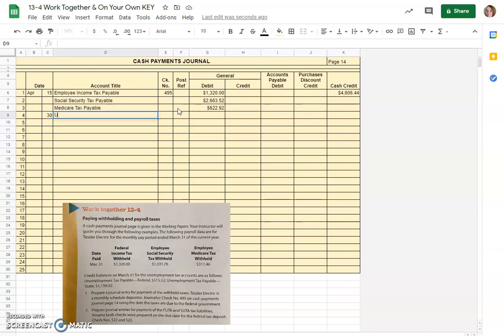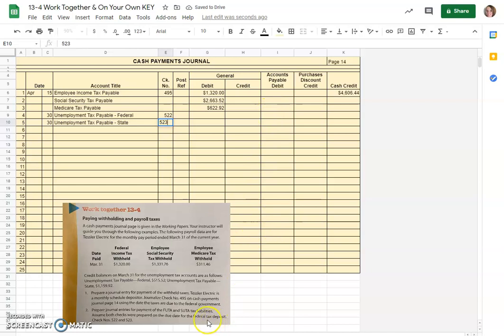And unemployment tax payable, federal, and they said check number 522, and then the next one would be also on the same date, and unemployment tax payable, state, and that was check number 523.